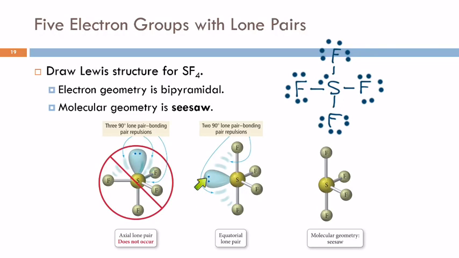So we put this where there's more space, and then we think of it as being invisible. So the electron geometry is bipyramid, or trigonal bipyramid. But the molecular geometry, just looking at the atoms, thinking of the lone pair as being invisible, we get this structure. And that's called seesaw.